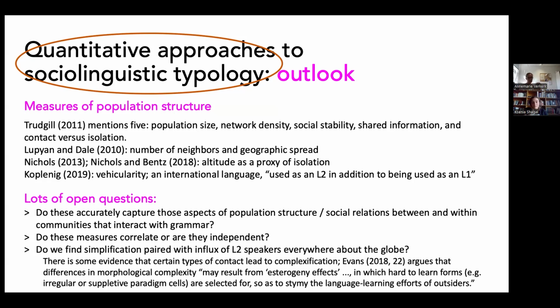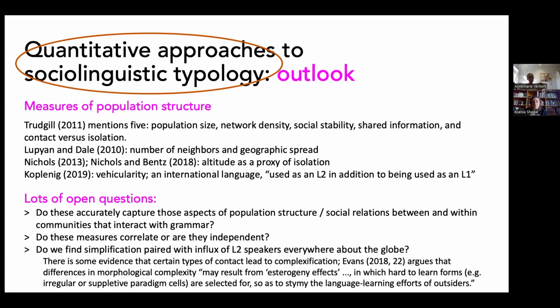Then there are tens of different ways in which you can operationalize these. And every study seems to come up with different measures. Some are related, and so on. It's not easy then to assess how these relate to one another, and what I can then really say about the relationship between society and language. So there are lots of open questions here, right?